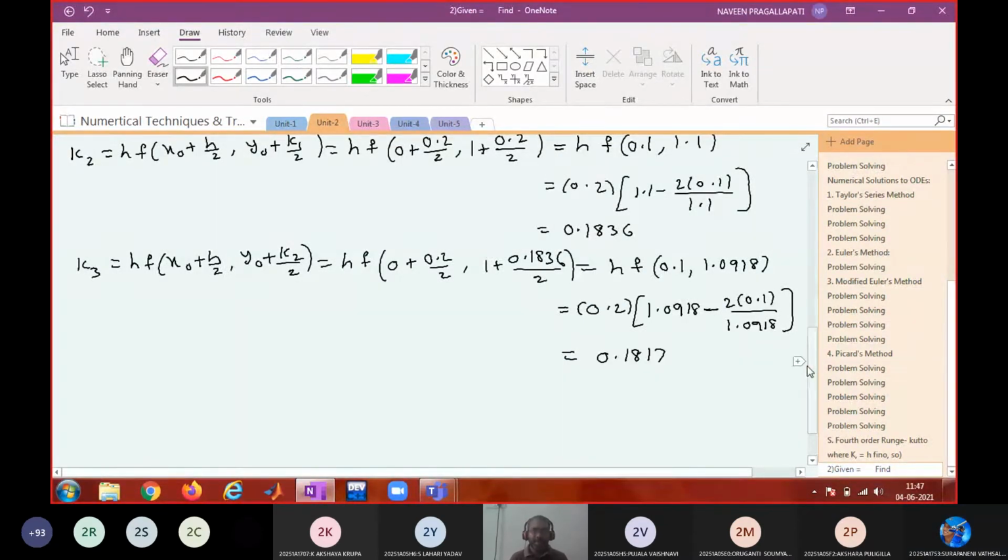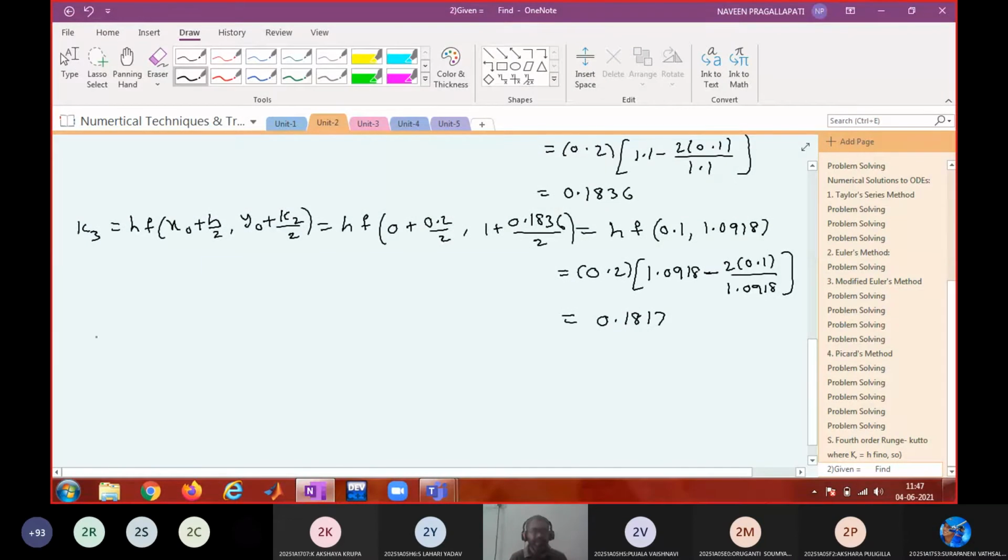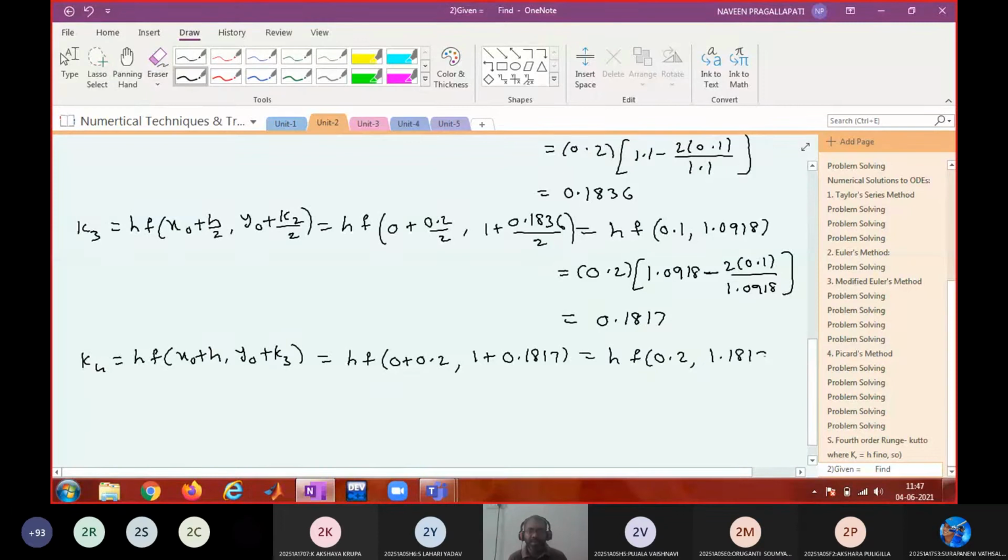0.1817. So once you get k3, find out k4. k4 is h into f of x naught plus h, y naught plus k3. So this is h into f of 0 plus 0.2, y naught is 1 plus k3, which is 0.1817. So this is h into f of 0.2 comma 1.1817.